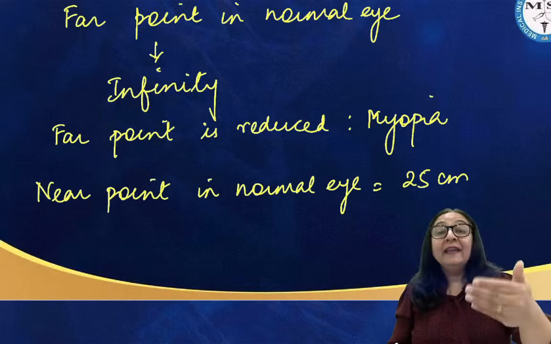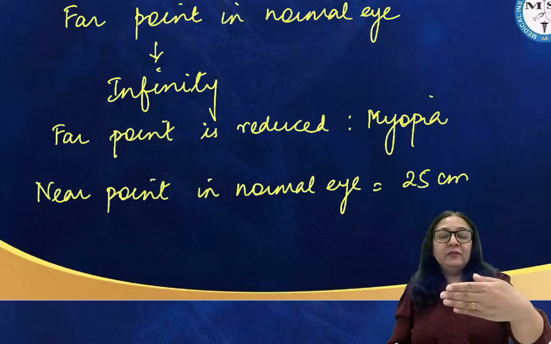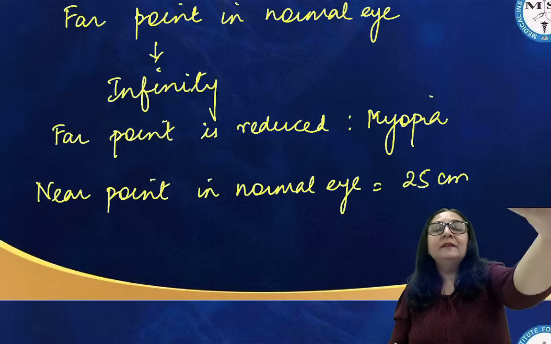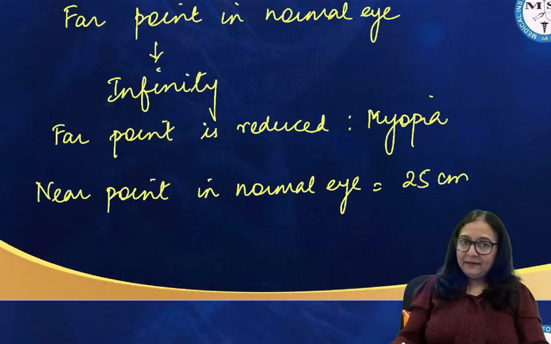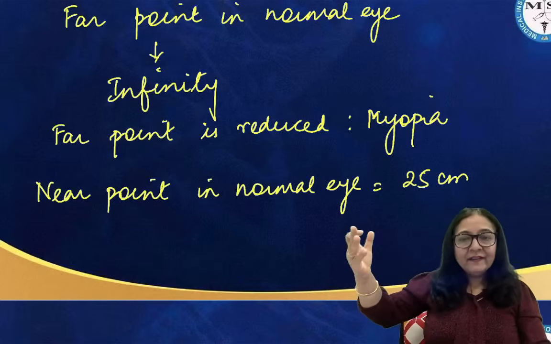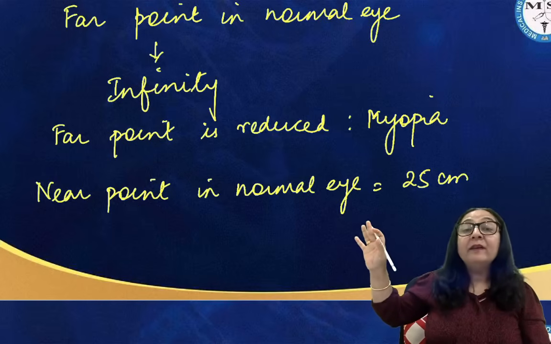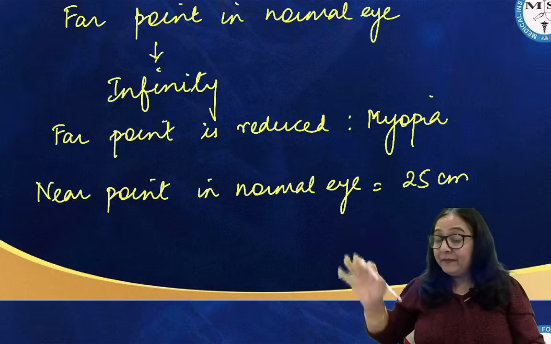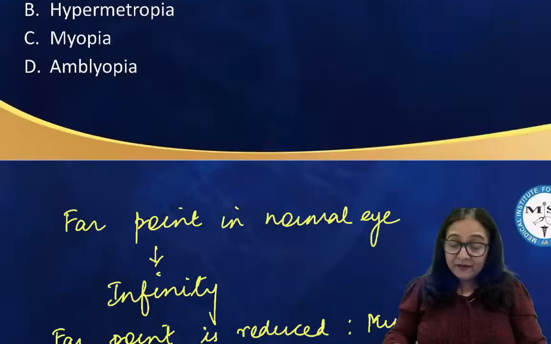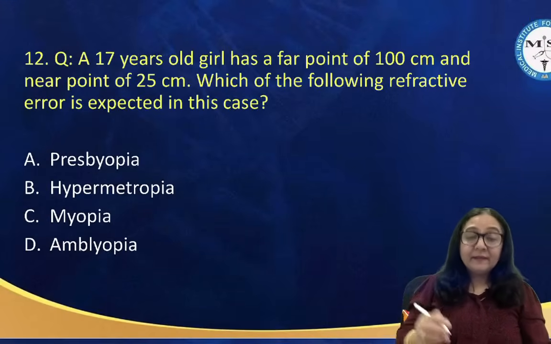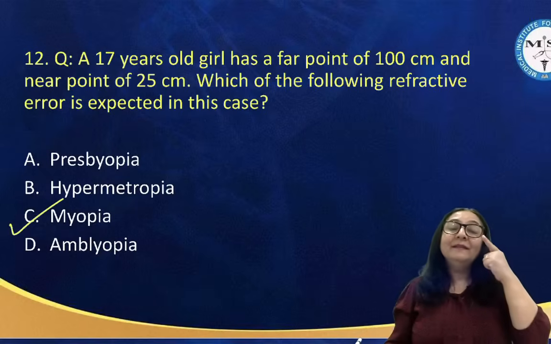Your near point can be 40 centimeter, 50 centimeter, and like that. So the near point will be farther in hypermetropia or in presbyopia. The far point is reduced in myopia. Here the question is asking, if the far point is 100 centimeter, the answer is myopia.